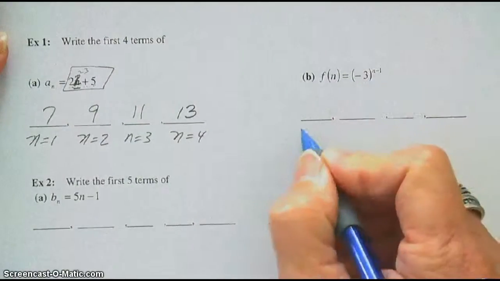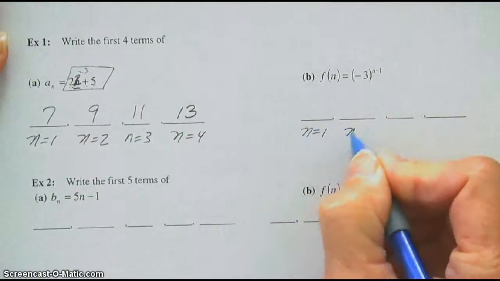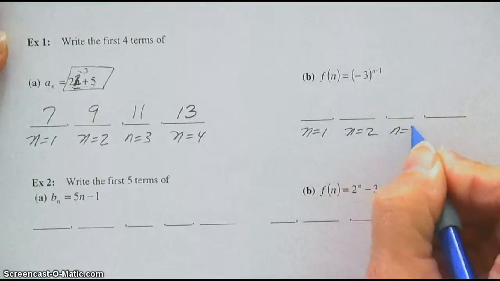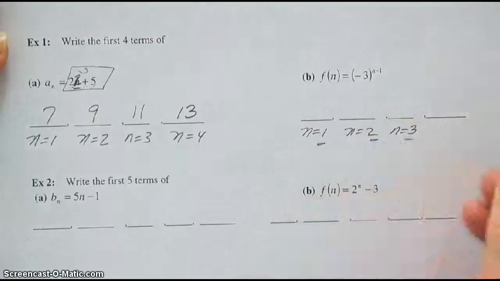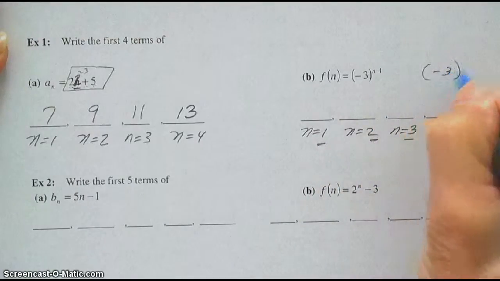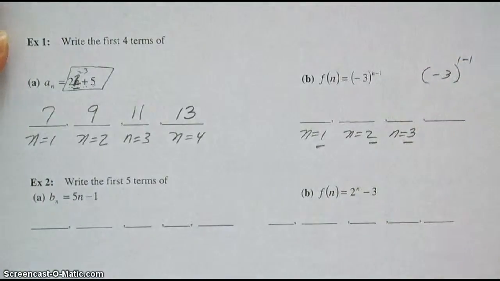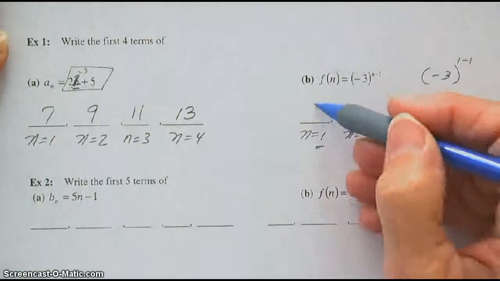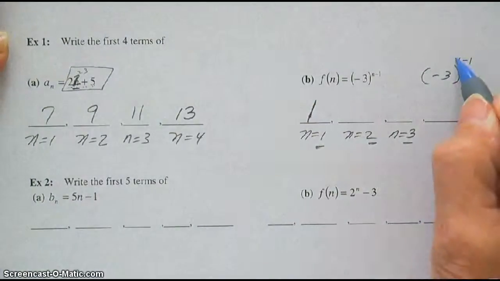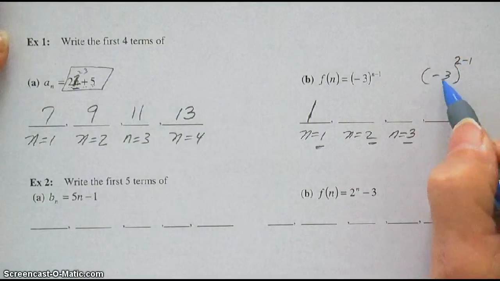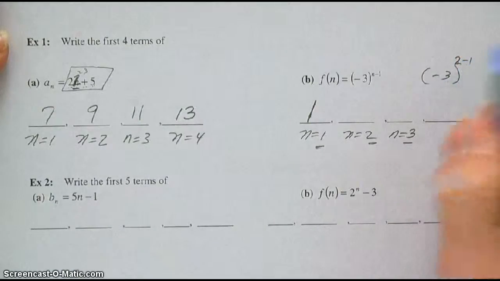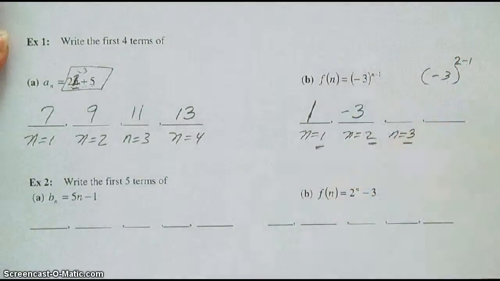When it's a value like this, again, we always still go n as 1, 2, 3 for first, second, third term. So -1 to the 1 minus 1. Anything to the 0 power, remember, is 1. If I stick a 2 in here, I'll get -3 to the first power, which would just be -3.